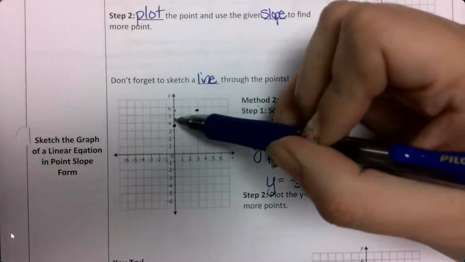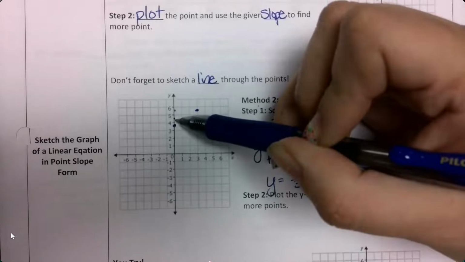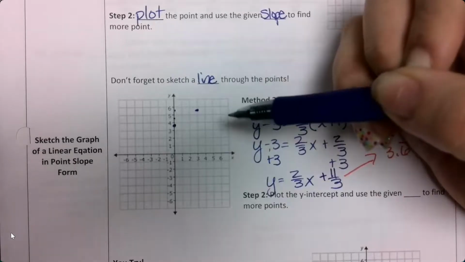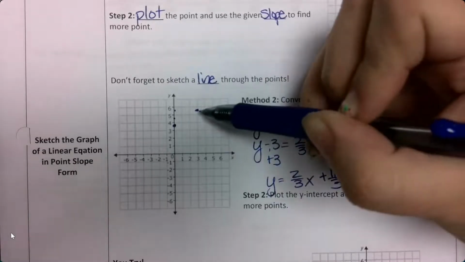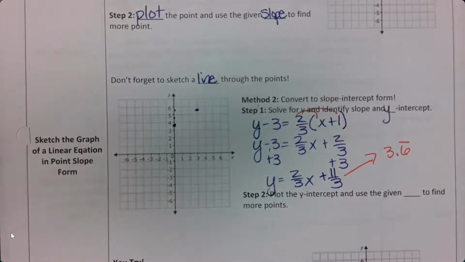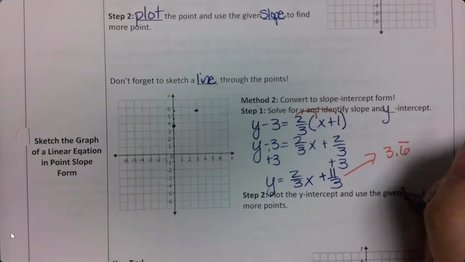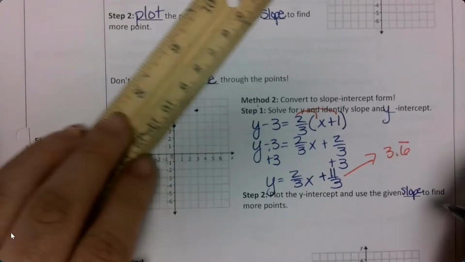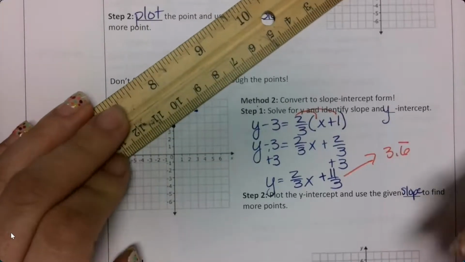So then when I go up, I still have to be in between 4 and 5, and then 5 and 6. And then I moved over 3. Okay? So, once I have my 2 points, what do I want to do? Well, that's what I'm going to explain.